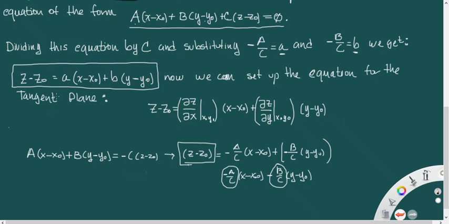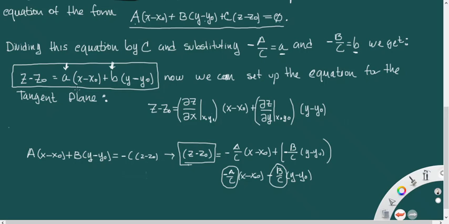So in this case, this a and b are known as the rate of change of these two variables in the three-dimensional space or in the function.